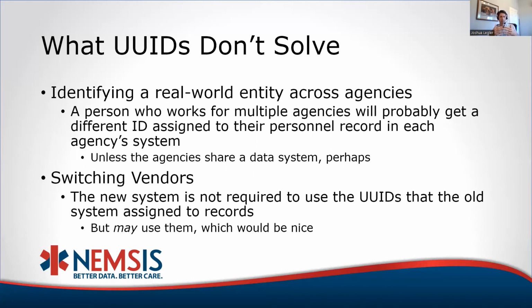And this is one of those problems that UUIDs does not solve. So you've got 6 vehicles from licensing, you've got 6 from their demographic data submission. Your ePCR system needs to initially map those 6 to 6. They need to map to each other, essentially create a lookup table or crosswalk that says this UUID coming from the agency's software product matches up with this UUID that came from licensing.